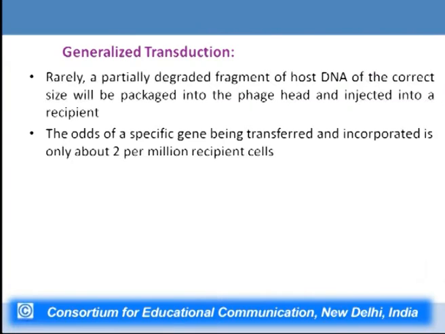So, the odds for generalized transduction are so low. First, the probability of a DNA of the correct size getting packed inside the bacteriophage head is very low. Secondly, the specific genes getting transferred into the recipient bacterial cells are very low, as low as 2 per million recipient cells.